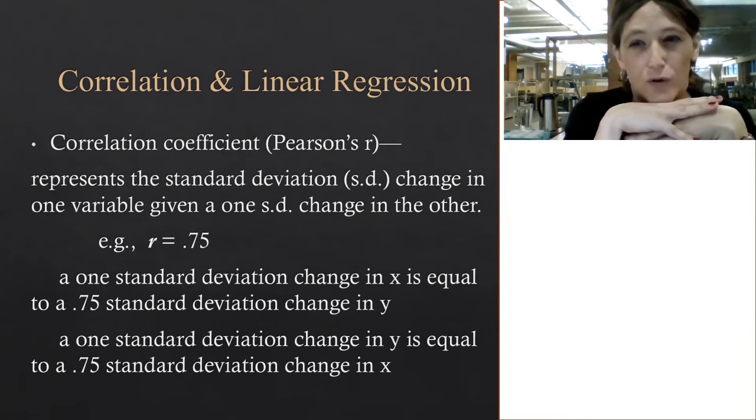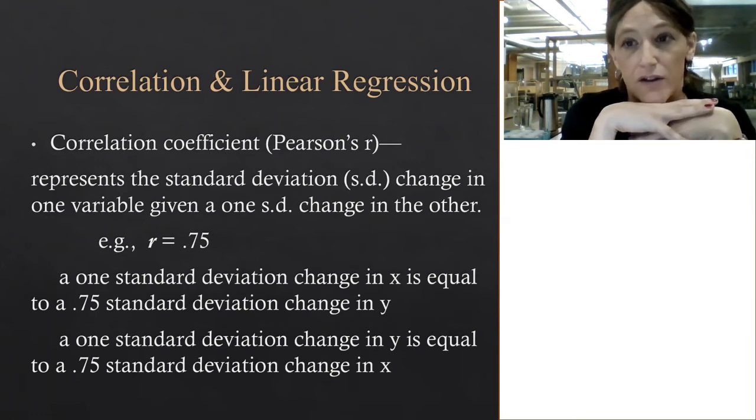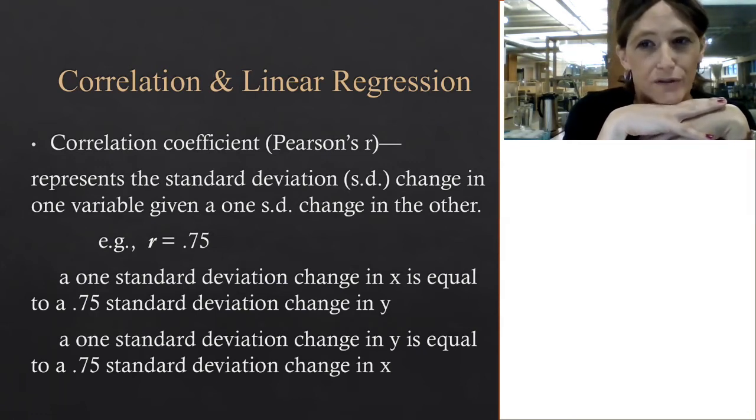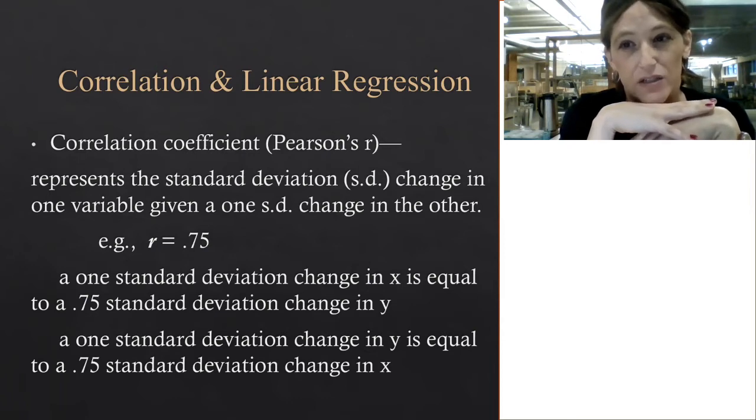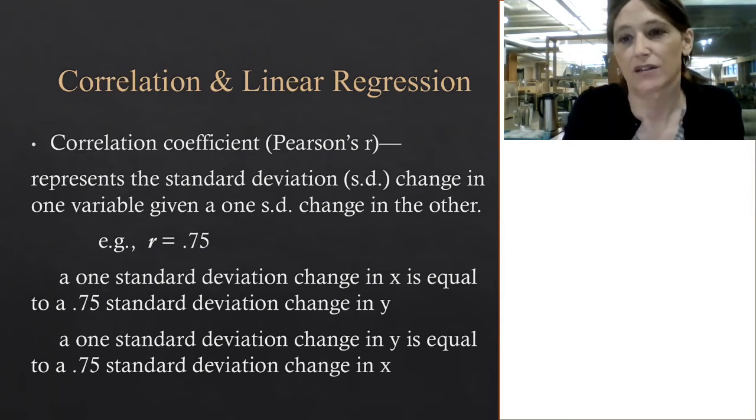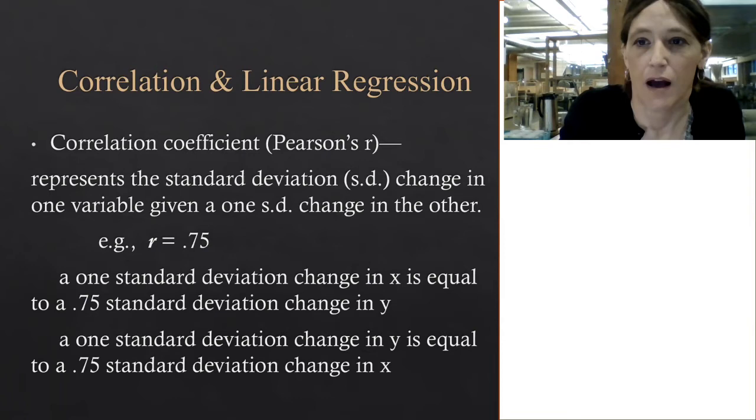So a 0.75 correlation has a similar meaning across other variables. When we do linear regression, it's very specific to the units that we're measuring, and so we have to rely on other tools to assess the strength of the relationship.